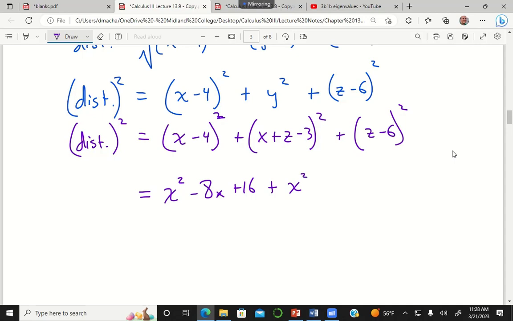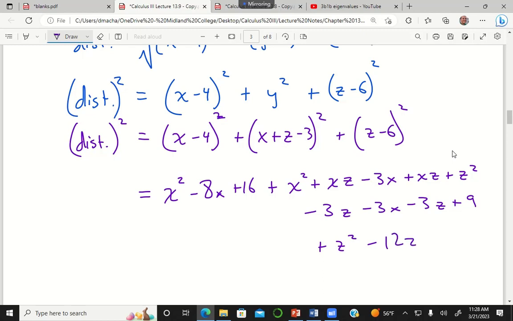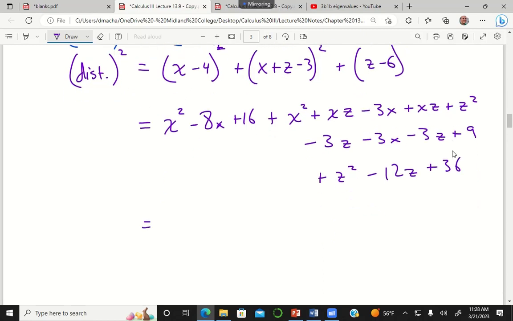It's going to be x squared plus xz minus 3x, plus xz plus z squared minus 3z, and then minus 3x minus 3z plus 9. And then plus z squared minus 12z plus 36. Ugh. Nasty.